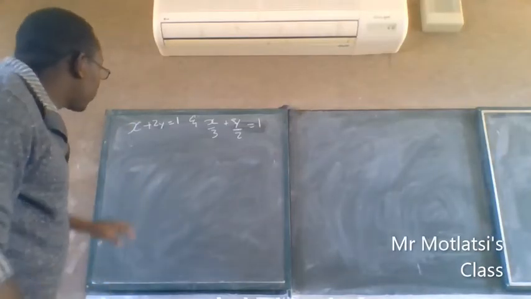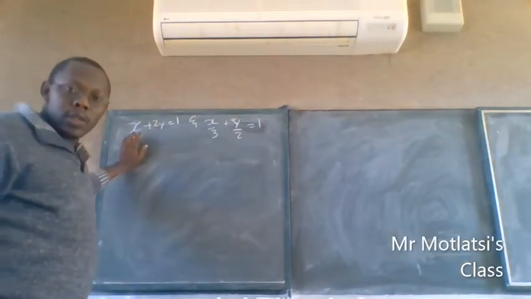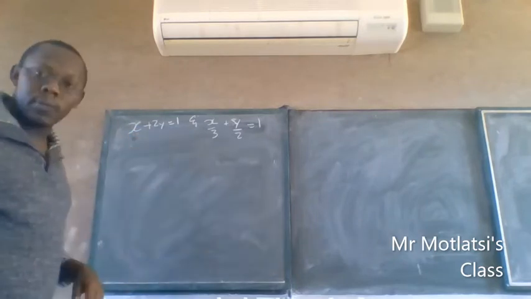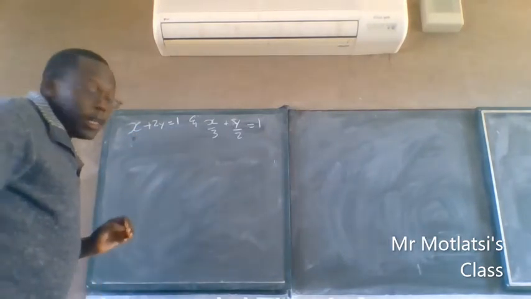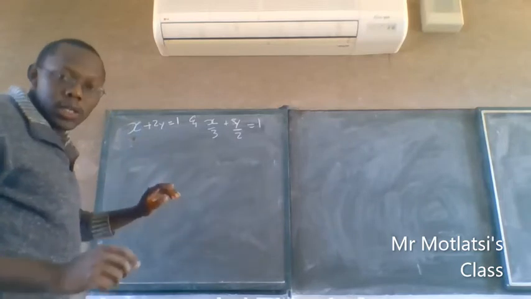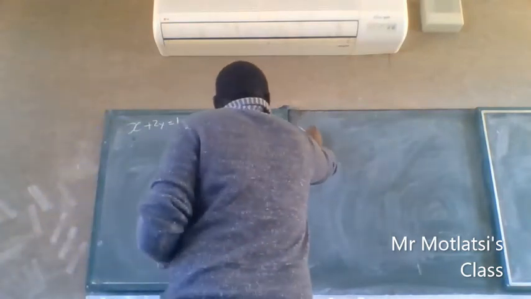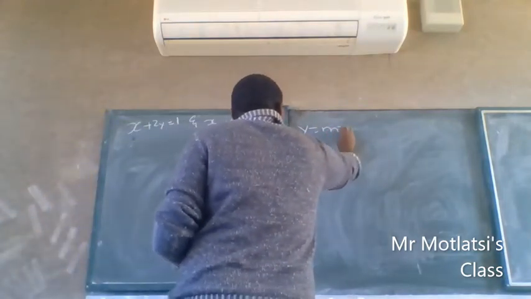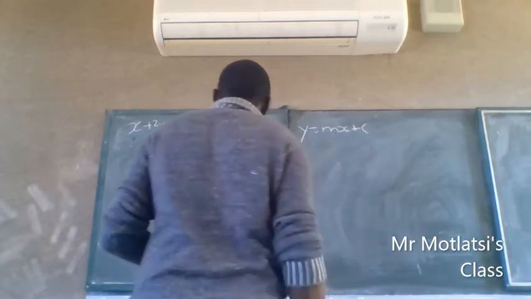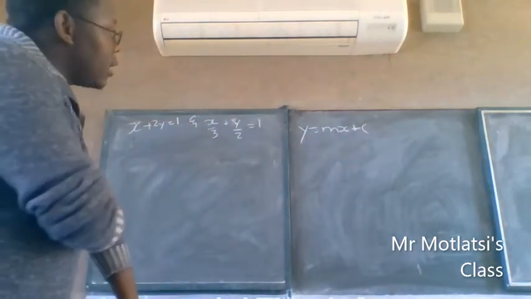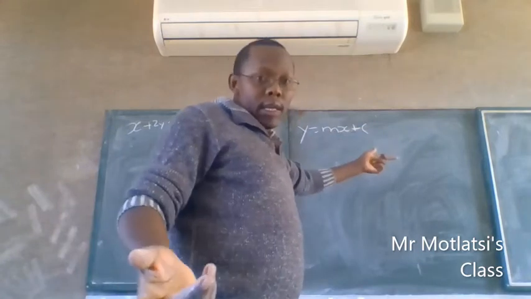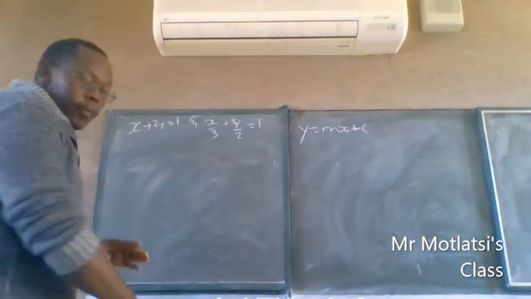All right, so if we are to solve this graphically, then what can we do? As I said earlier, you must use these equations to get the form y equals mx plus c. Remember, c is the y-intercept. So let's see.